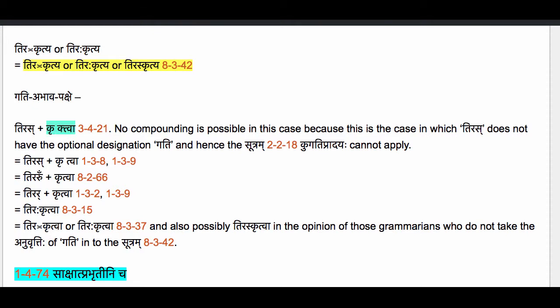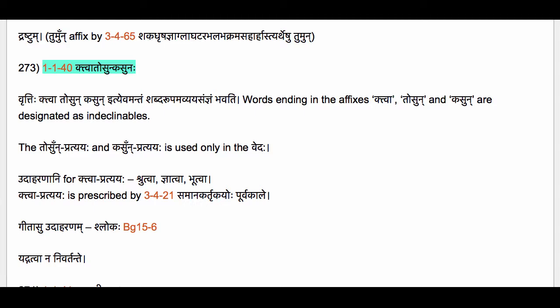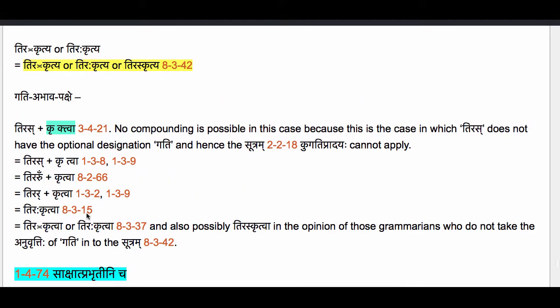Okay, now the letter ka of the affix ktva gets the designation it by 1.3.8 lashakvataddhite, and then takes lopaha by 1.3.9 tasya lopaha. So now we have tiras kritva. Now we replace the letter sa of tiras by ru using the sutram 8.2.66 sasajusho ruho.